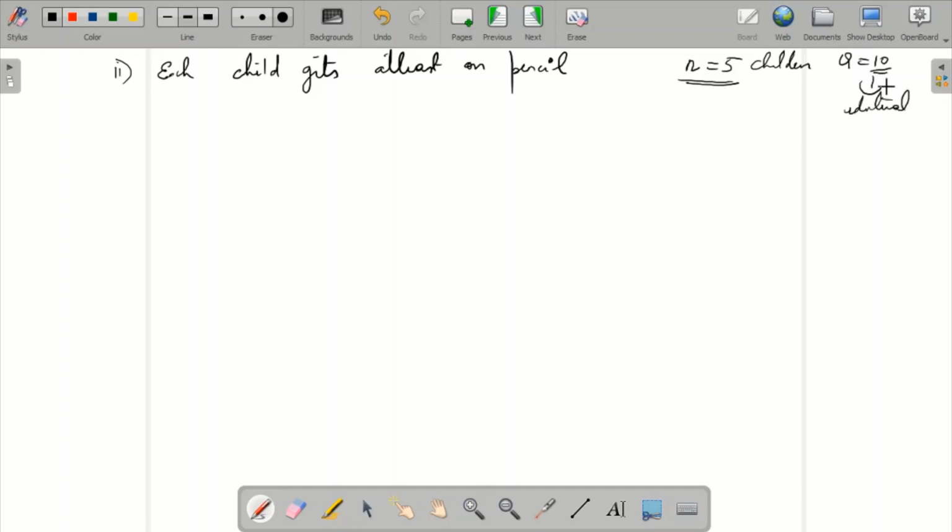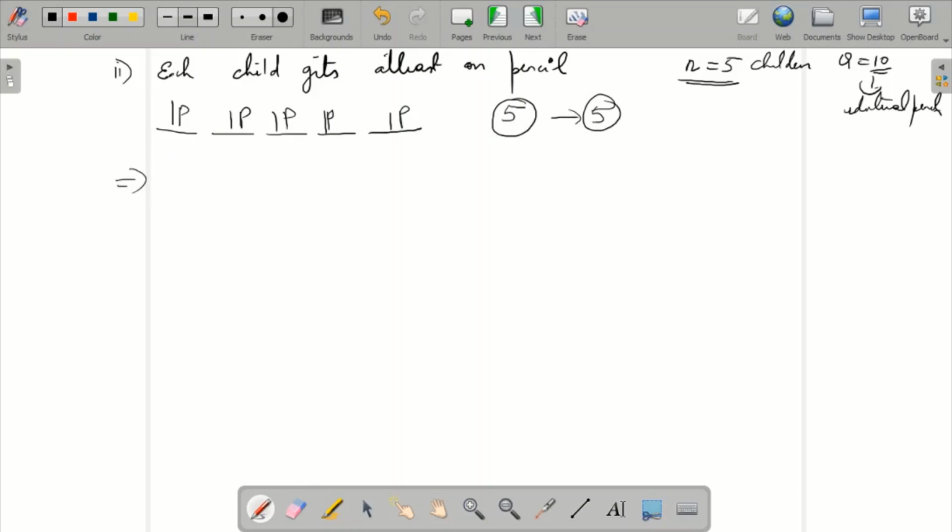Your condition is each child gets at least one pencil. How many children are there? 1, 2, 3, 4, 5. If I distribute one pencil to each child, 5 pencils are done. Remaining is these 5 pencils. Again, these should be distributed among 5 children.